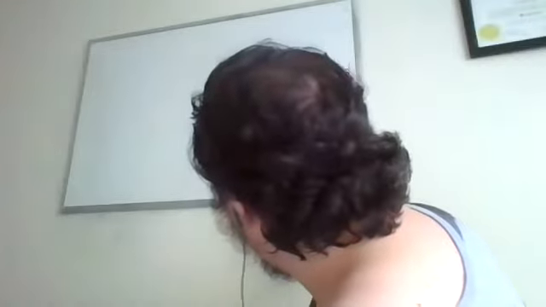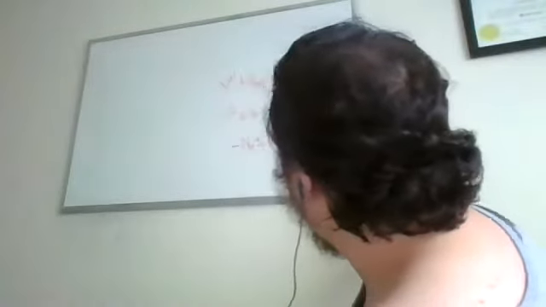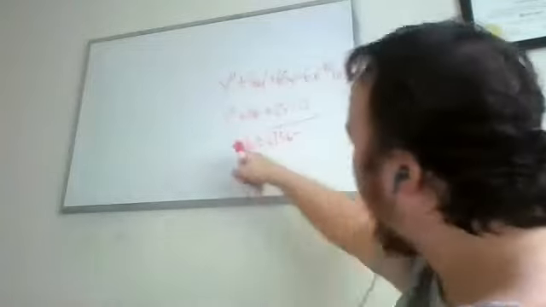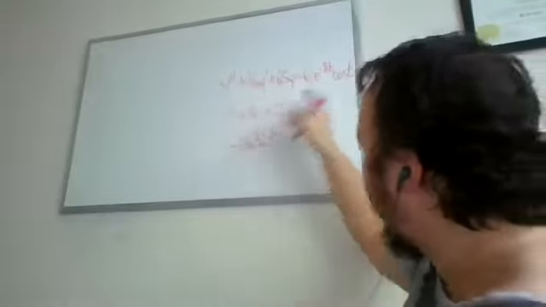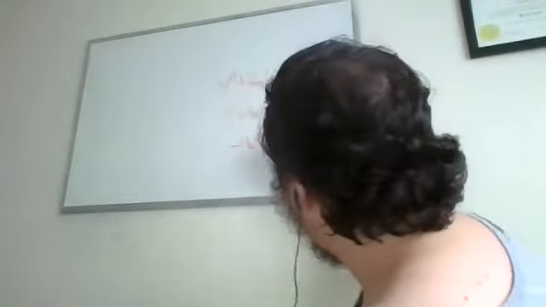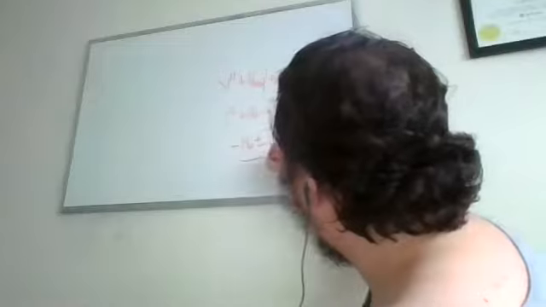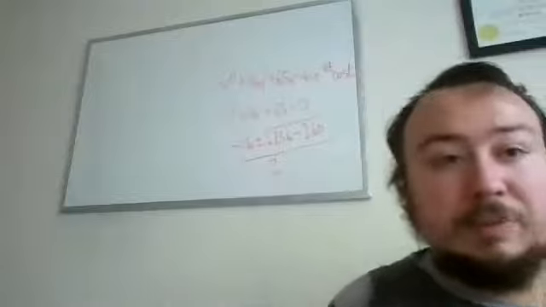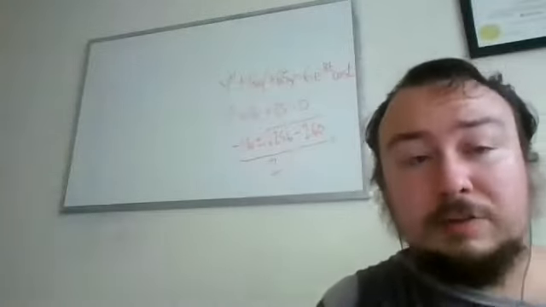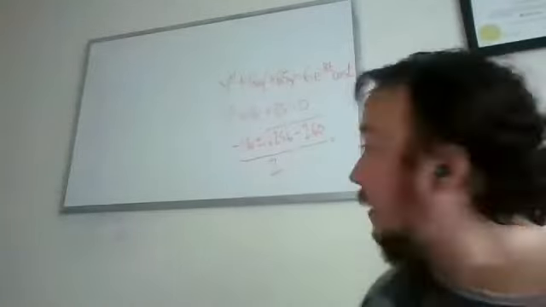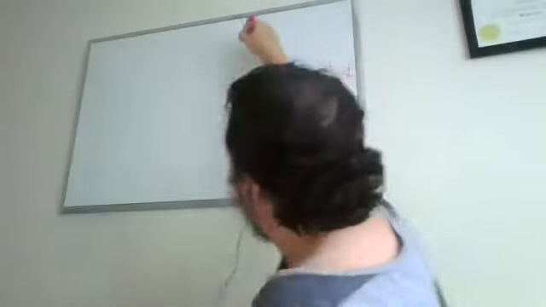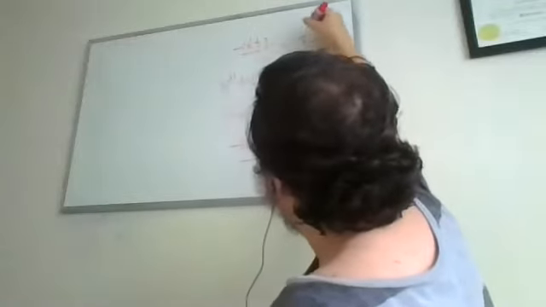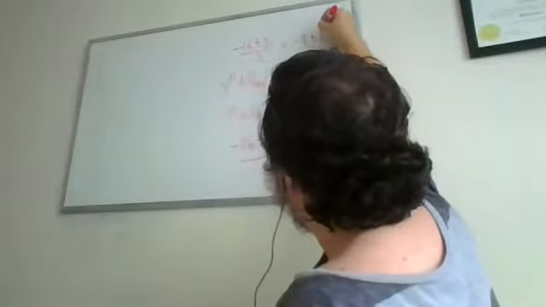So we have negative 16 plus or minus the square root of 16 squared, or 256, minus 4ac. So that's minus 260 all over 2. And when we simplify this, 256 minus 260 will be negative 4, and the square root of negative 4 will be 2i. So this will be negative 16 plus or minus 2i over 2, but then that simplifies to negative 8 plus or minus i.